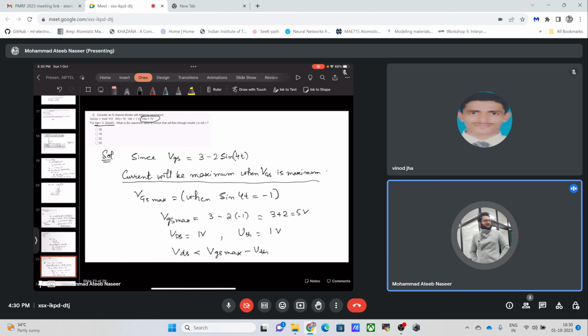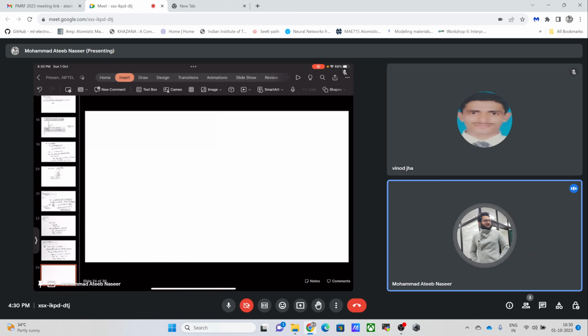Okay, so the device will be in linear region or triode region.